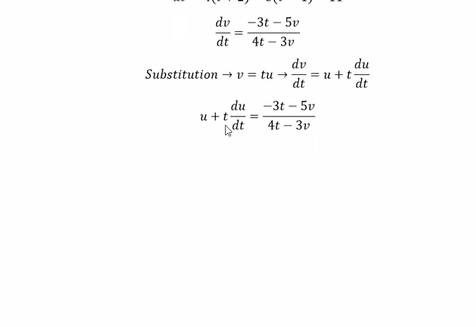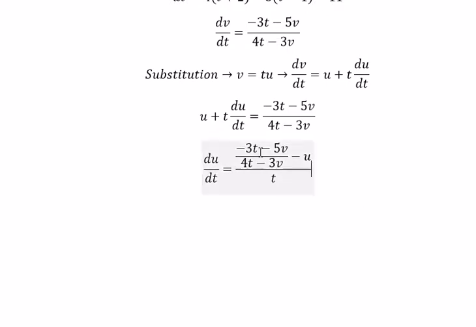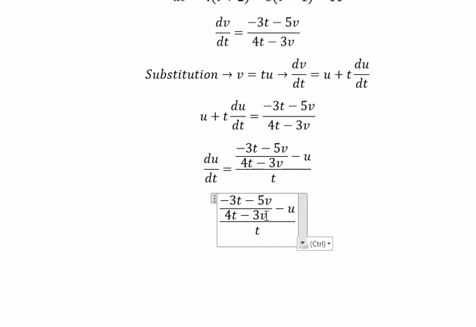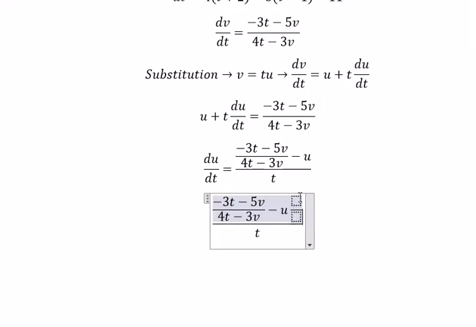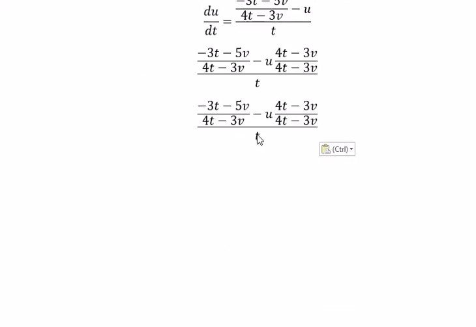Later we divide both sides with t. So we have 1 over t multiply this one and this one.